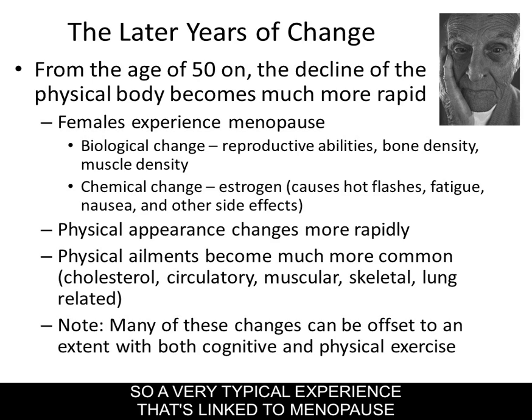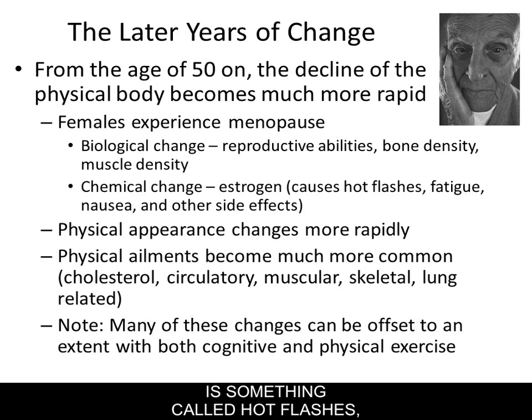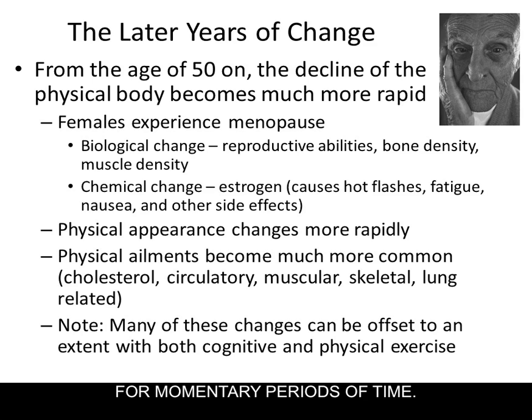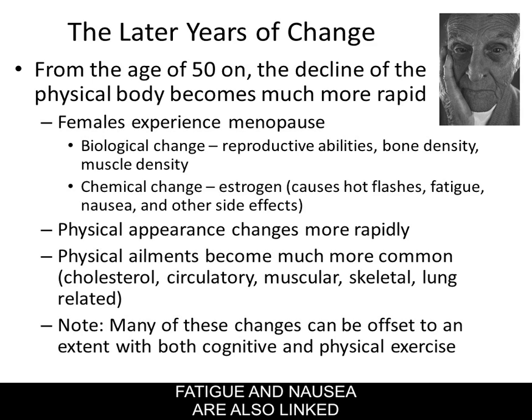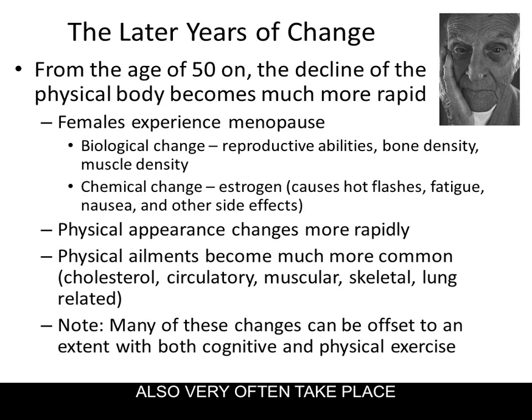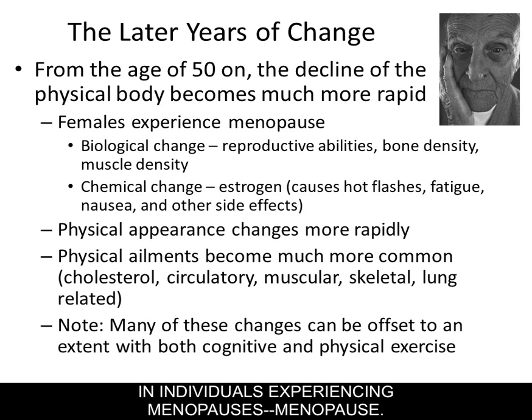A very typical experience that's linked to menopause is something called hot flashes, where females tend to feel very, very hot for momentary periods of time. Fatigue and nausea are also linked to these biological changes in menopause, and a number of other more individually specific changes also very often take place in individuals experiencing menopause.